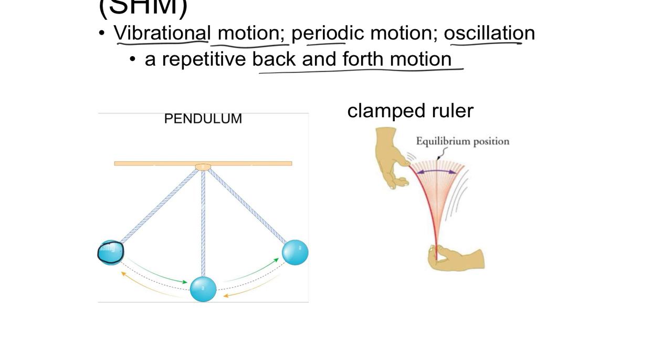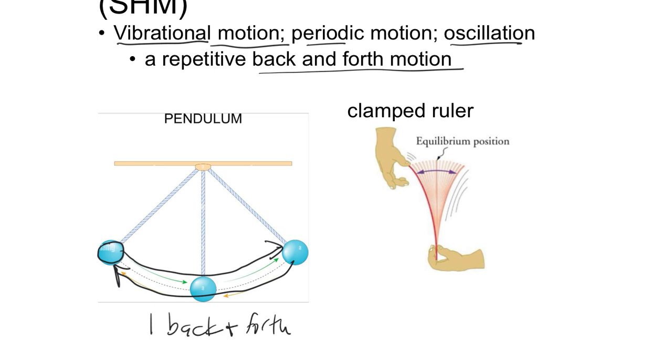Okay, this is one cycle: going back and forth to the original position. So back and forth. Really, it's forth and back. I don't know why I say back and forth.